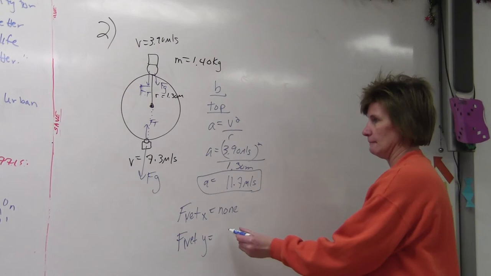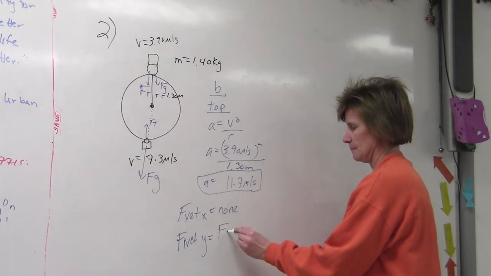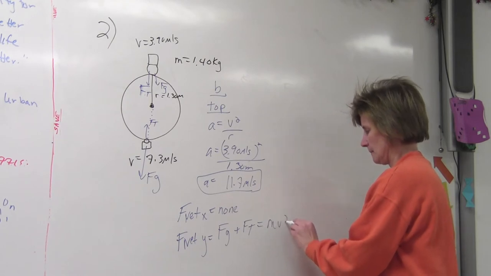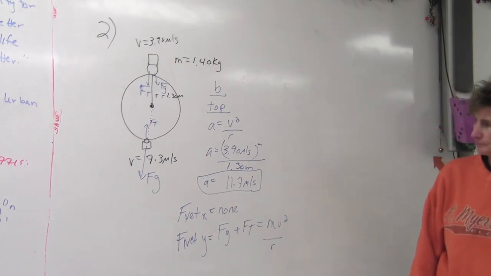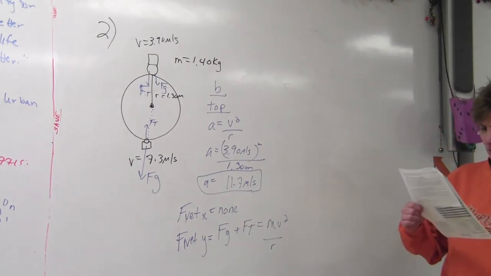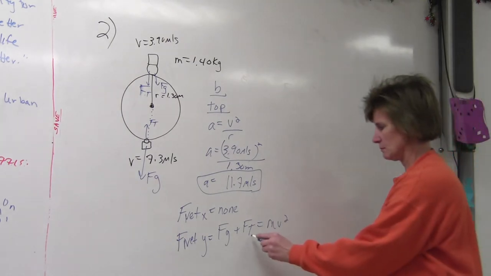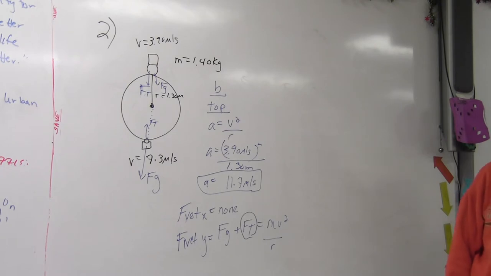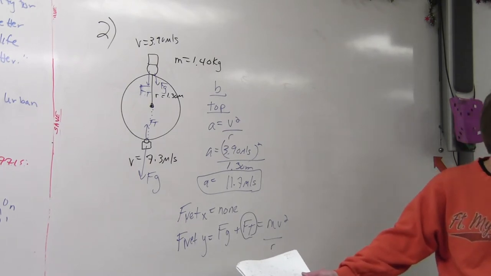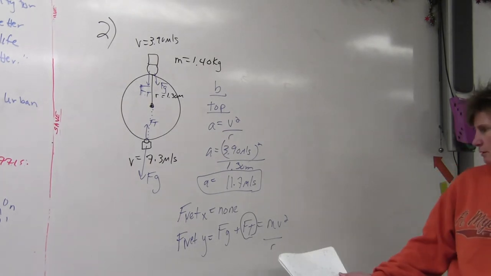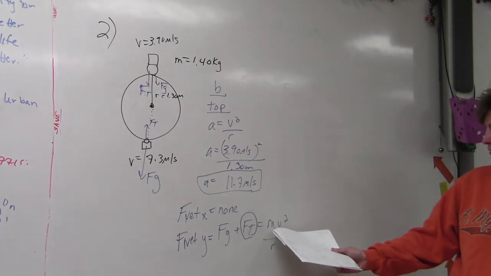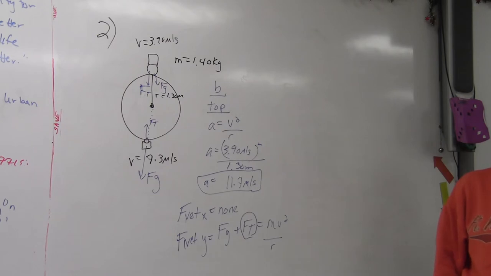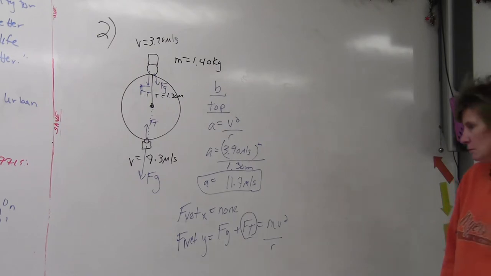So what do we know about this then? FG plus FT will equal mv squared over r. What do I want in this one? I want the force of tension. What's FG? mg. I'm looking for FT. Do I know mass? Do I know velocity? Yeah. Do I know r? Can I just plug and chug now?